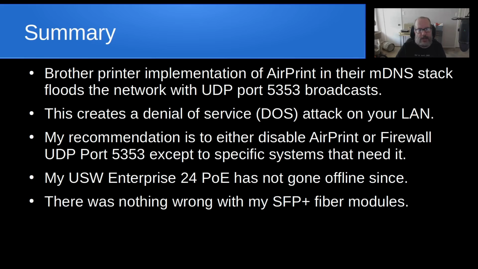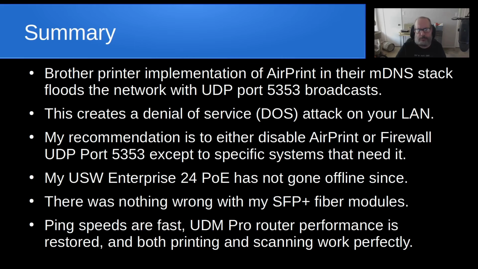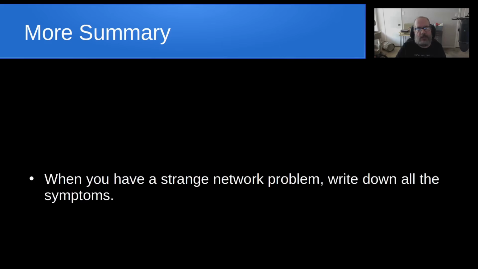In any event, I really do like this model that I mentioned earlier of those, and so I have some of those in my spares now in the event I have a legitimate problem with them. So ping speeds are fast, the UDM Pro router performance is restored, and both printing and scanning are now working perfectly. So we have some more summary here.